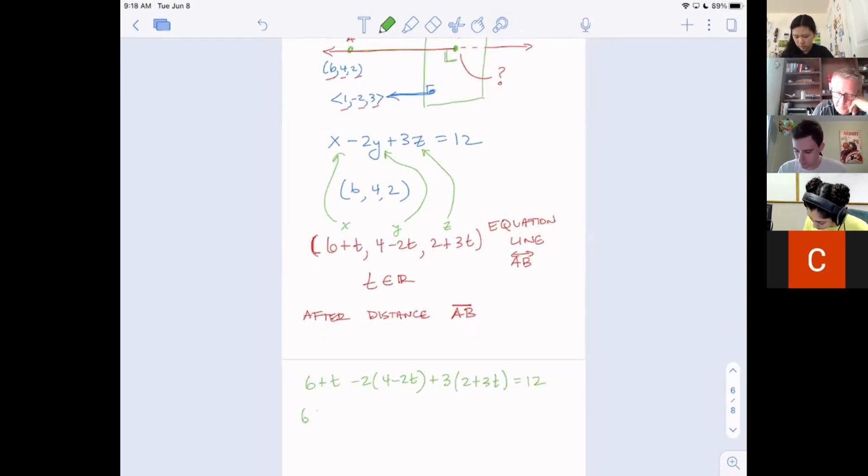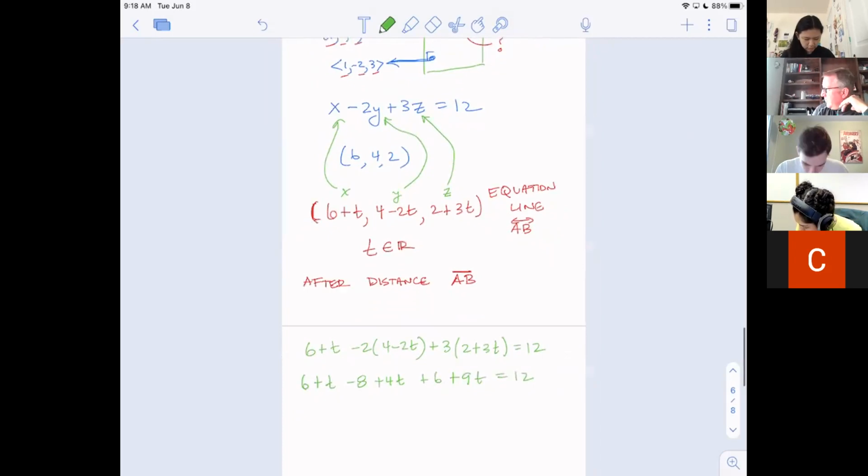I get 6 plus t, minus 2 times 4 minus 2t, plus 3 times 2 plus 3t, which is 6 plus 9t. So I get a grand total of 14 t's, and 6 minus 8 is -2, plus 6 is 4.